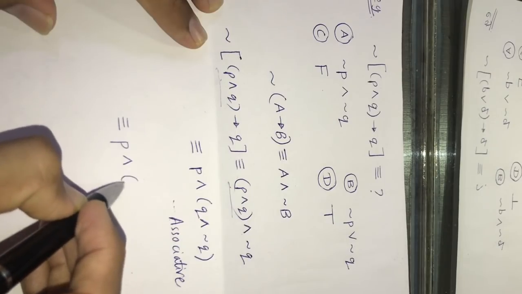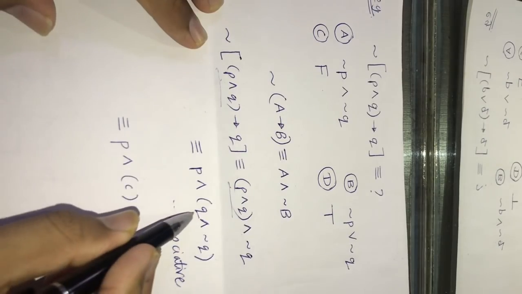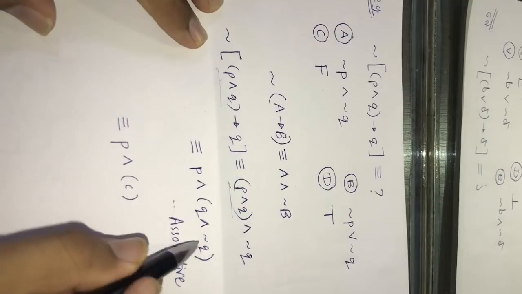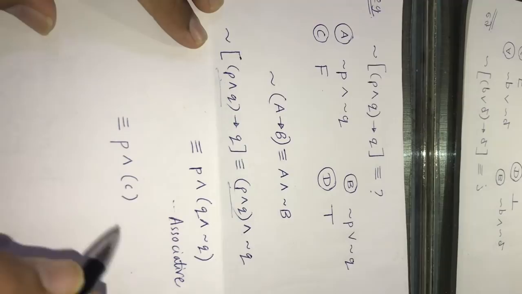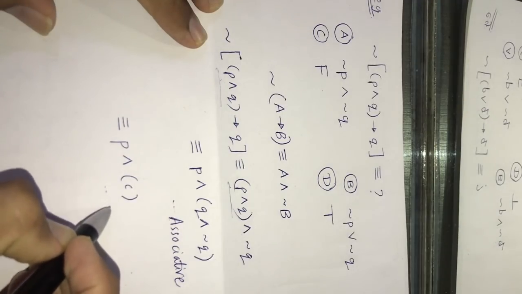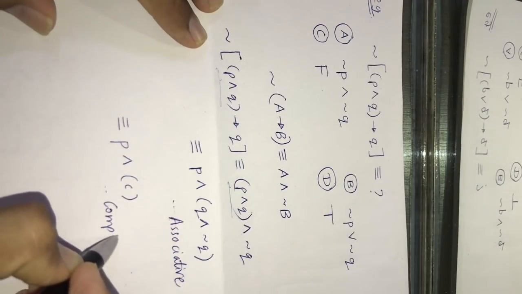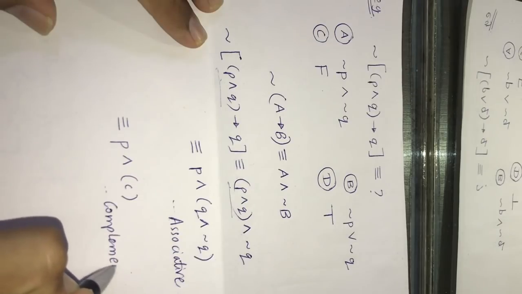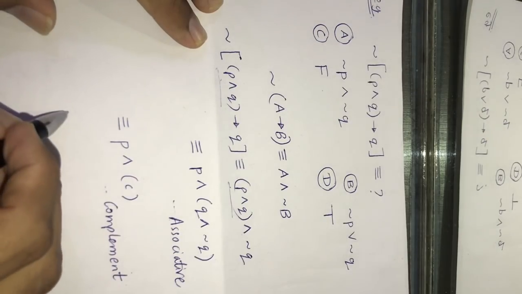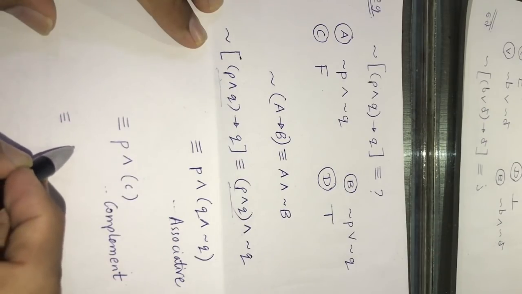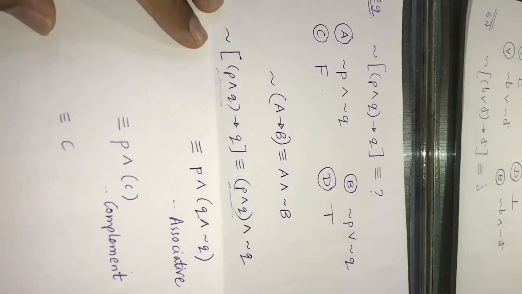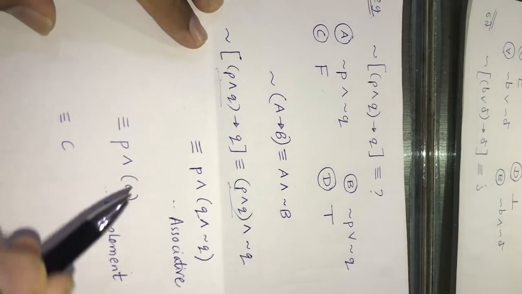And here you're going to get contradiction, because if Q is true, negation Q will be false. True and false is false. If this is false, this will be true. False and true will be again false. What law we're going to use is complement law here. And as I said, after complement law, you will have to use identity law. And identity law says here, this is contradiction, because you take true, true and false will be false.